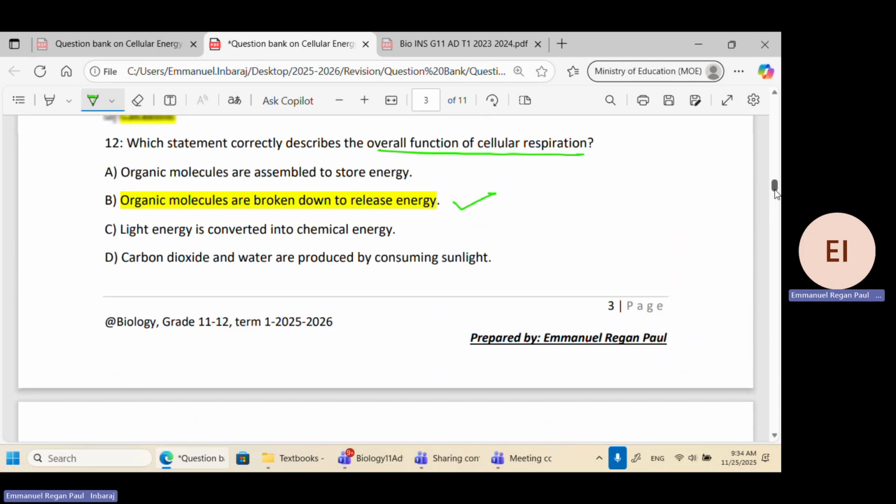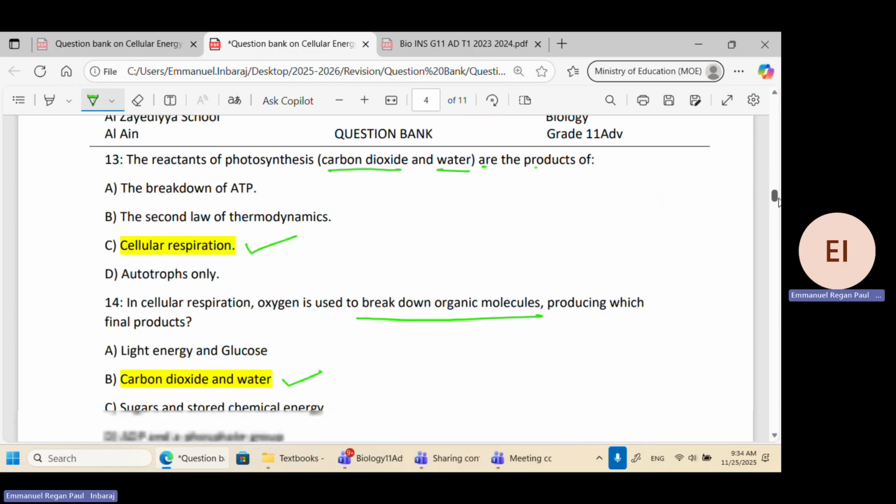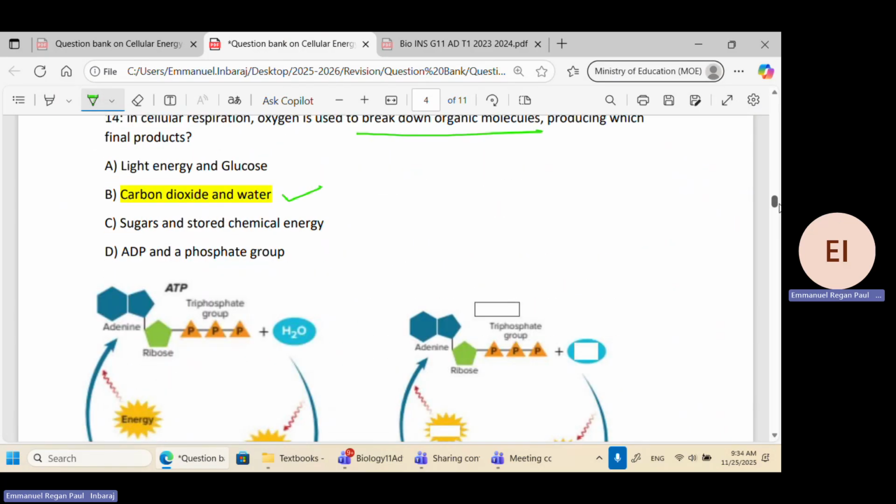You see, this is respiration. So glucose plus oxygen. With the help of oxygen, the glucose is broken down to carbon dioxide and water. That's how you get this answer, carbon dioxide and water. Okay, so that is the end of this page number 32.